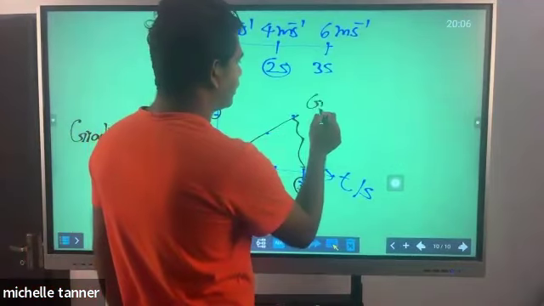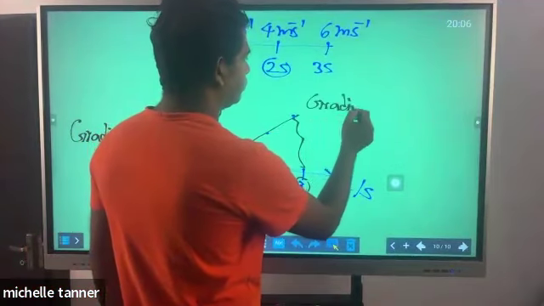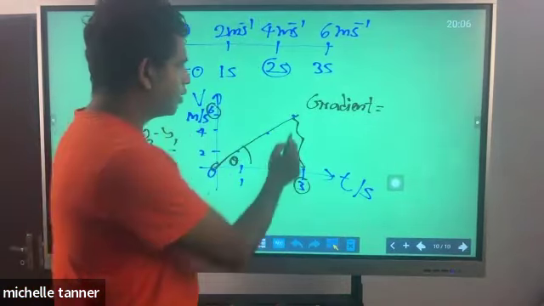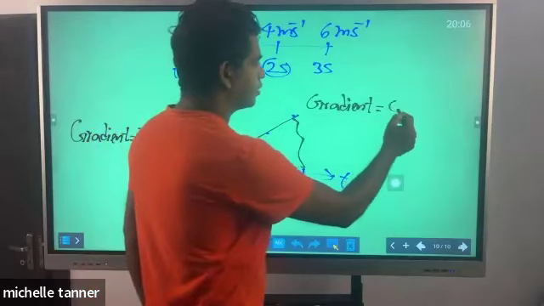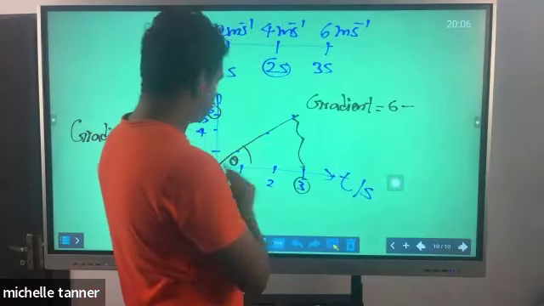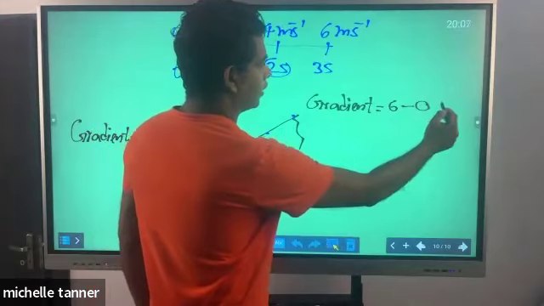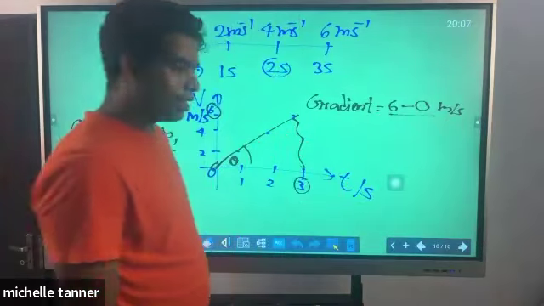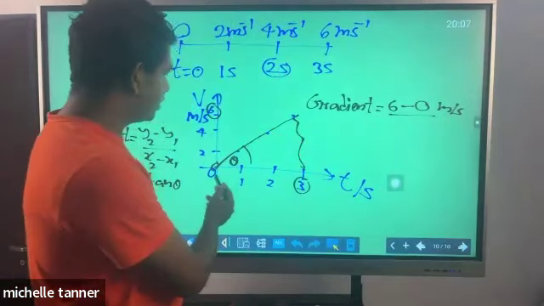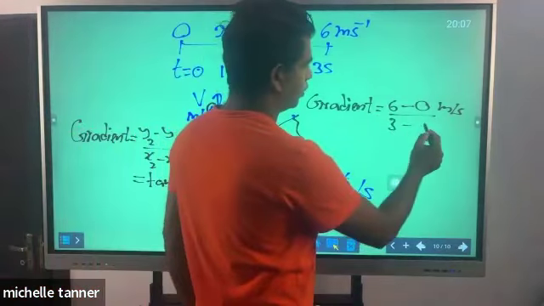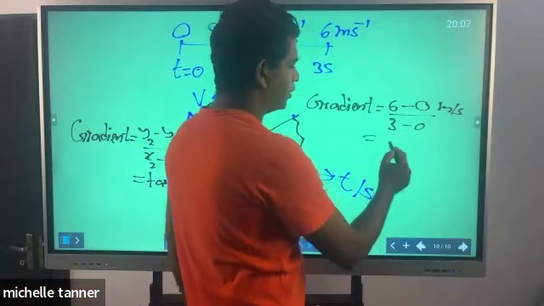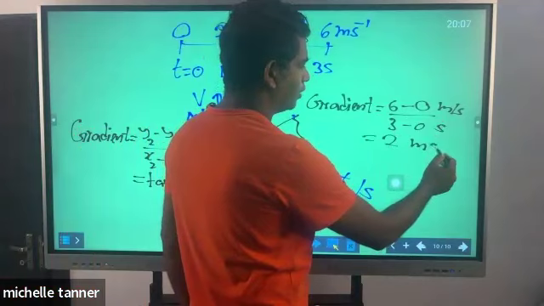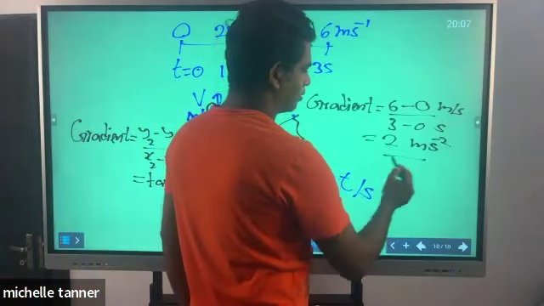Then the gradient equals the y coordinate difference, 6 minus 0, unit meter per second, divided by the time difference, 3 minus 0. 6 over 3 is 2, unit meter per square second.